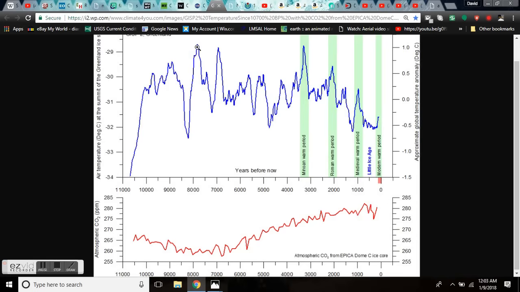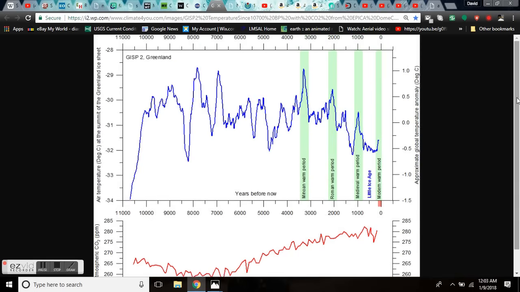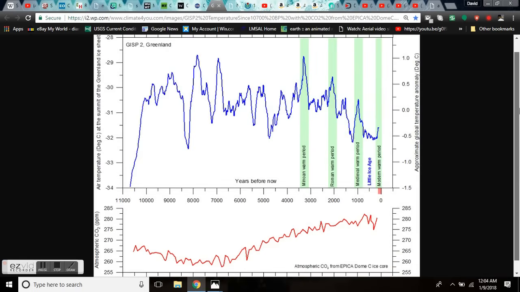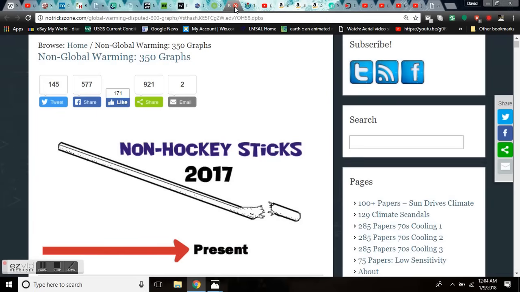Peak temperature in 8,000, peak CO2 7,000, 1,000 years later. CO2 has nothing to do with changing temperature. CO2 follows the temperature. Don't believe the hype. It's nonsense.